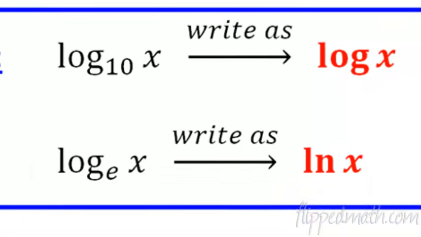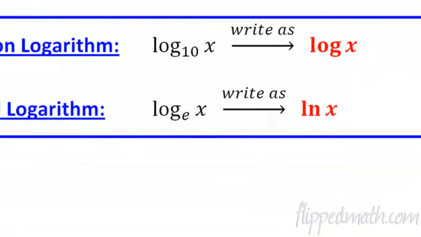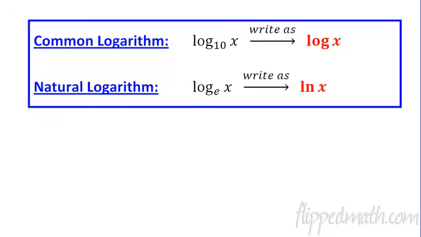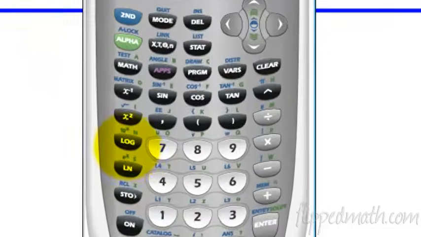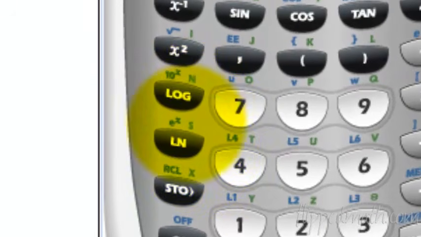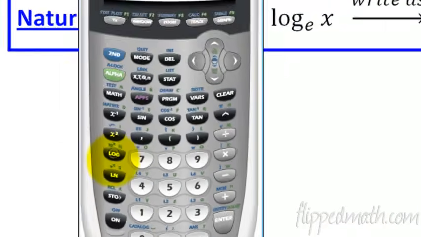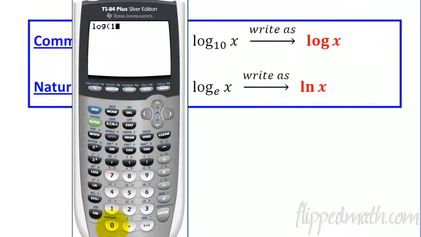So why are these things important? Well, there are several reasons and uses that they have, but one of the reasons is that we can more easily and readily use them with our calculator. If you look down here on our calculators, we have these two buttons right next to each other, log and ln. That's our common logarithm, a base 10 logarithm, and a natural log. So to just test that out, if I do log 10, what that means is log base 10 of 10. And if you enter, it should just be a 1.